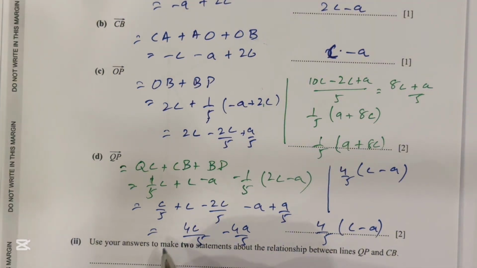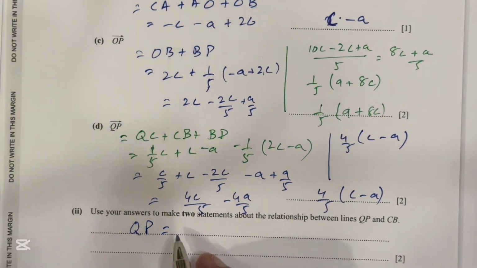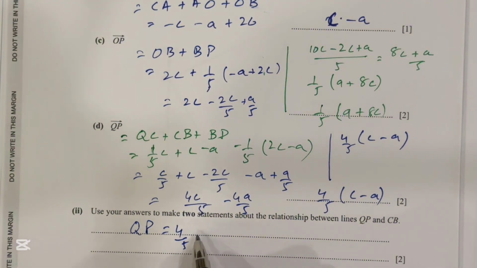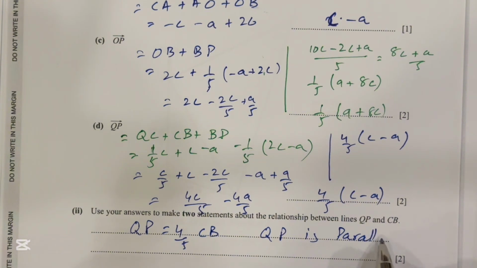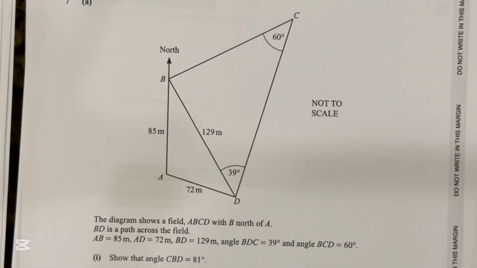So you can write that QP is equal to 4 by 5 CB. So it means that QP is parallel to CB because they have the ratio of K. So this was question number 6.